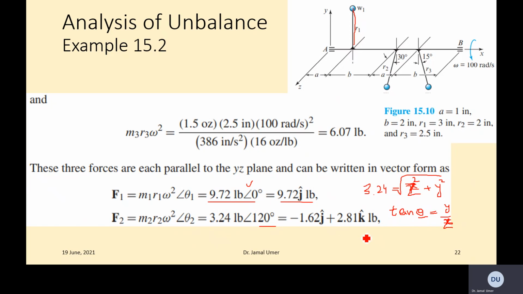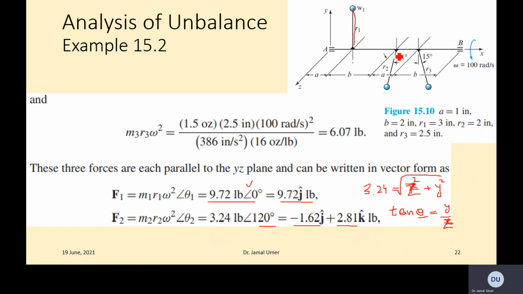When you're doing this, you might face a little problem regarding the signs. For example, here it's written minus 1.62 and plus 2.81. In this case the value of z is positive 2.81 and the y value is minus 1.62 j, which means it's a negative value. If you find they have different signs, you need to consult the figure.